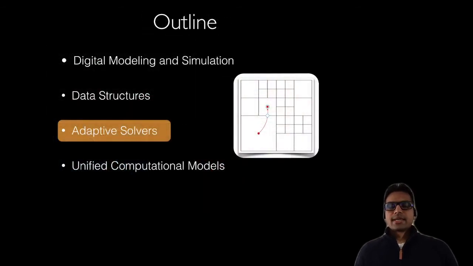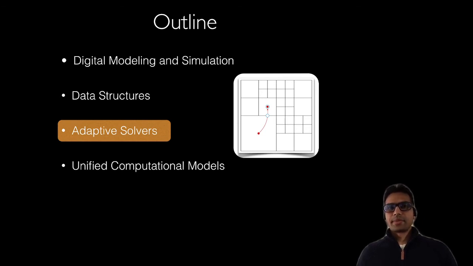So this naturally leads to this idea of unified computational models, where we want to have a single model that can allow the simulation of many different kinds of phenomena. And this is a very hard problem in physics simulation. And I'm not saying that we have solved this problem, but we have made some progress, which is what I wanted to share.